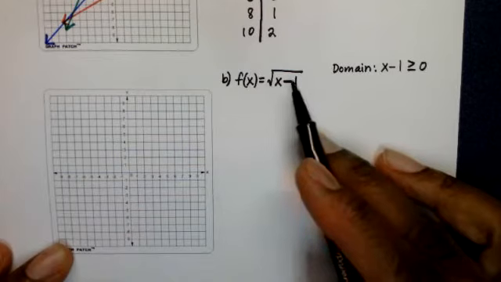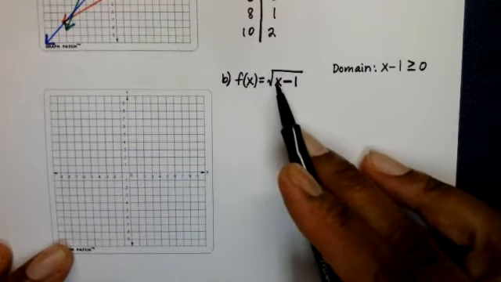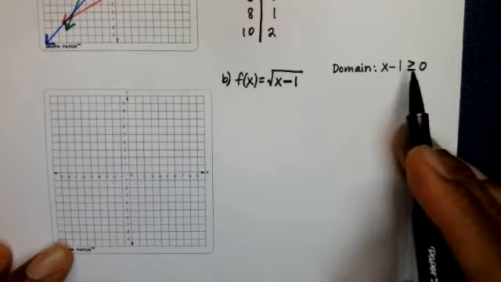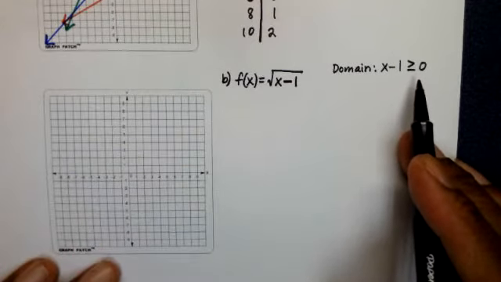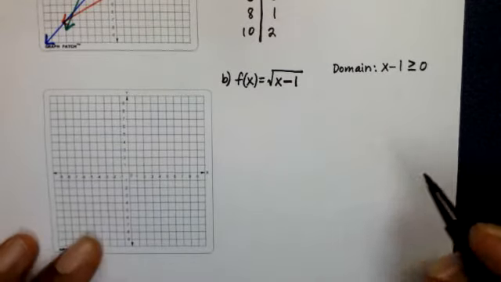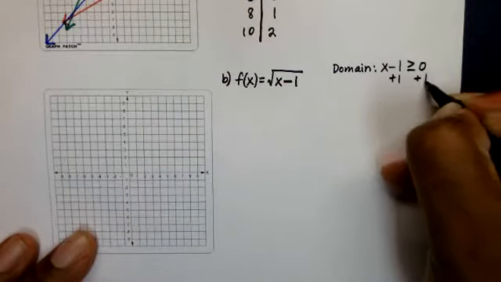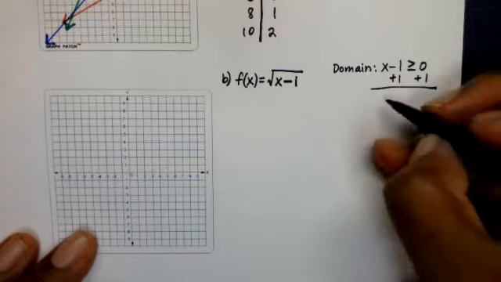So if I have a square root function like this one, or a radical to an even power, even root, we have to set it to be greater than or equal to 0, because we can't take the square root in this case of a negative number, or any even root of a negative number. So to get x by itself, we add 1 to both sides.